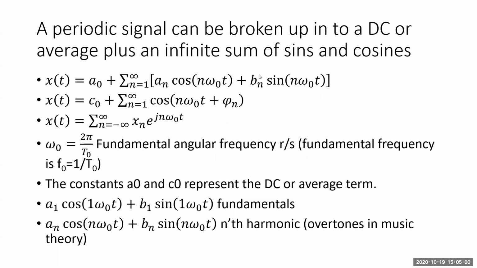Now, if you combine them into one cosine wave, it's just a cosine wave with a phase, or you can even use the exponential representation. We tend to stick with these two in this class, although I believe 112 likes this definition.